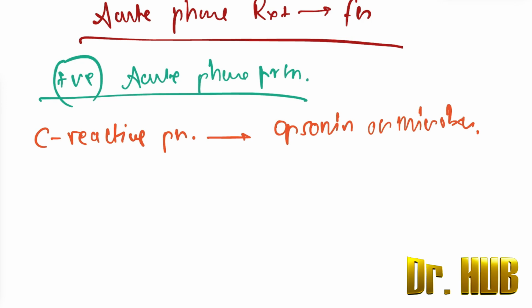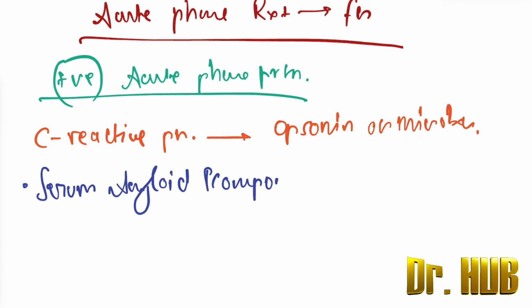Next comes the serum amyloid P component. Here the immune cell system function is going to be opsonin.